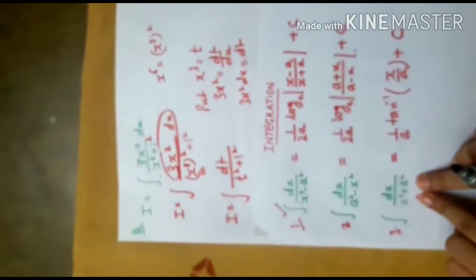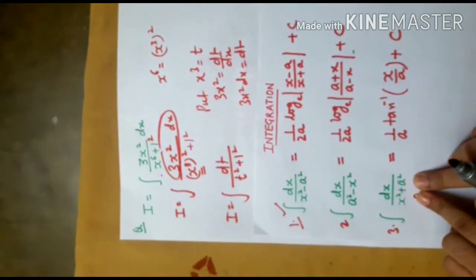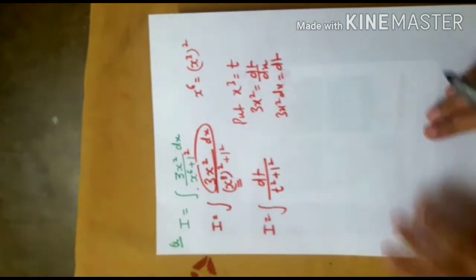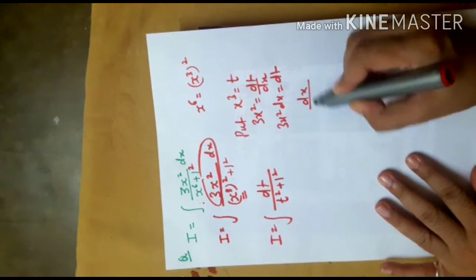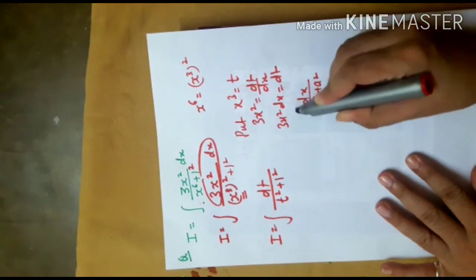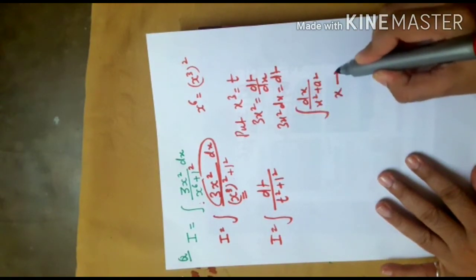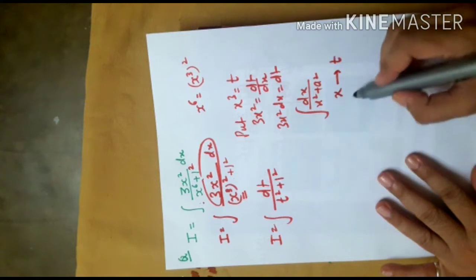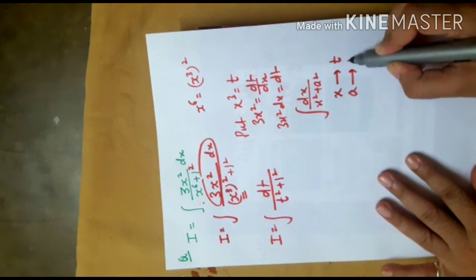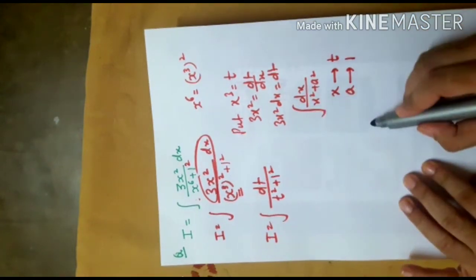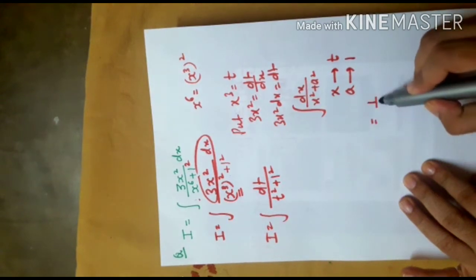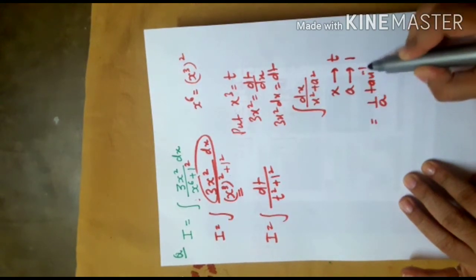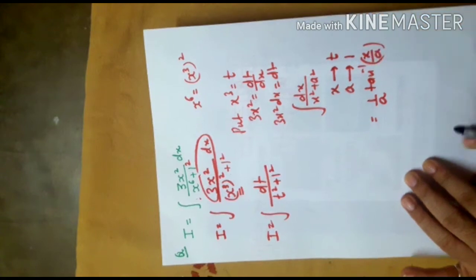Now this integral is of this form. So on comparing it with this form, role of x is being played by t and role of a is being played by 1. And value of this integral is 1 by a tan inverse x by a.